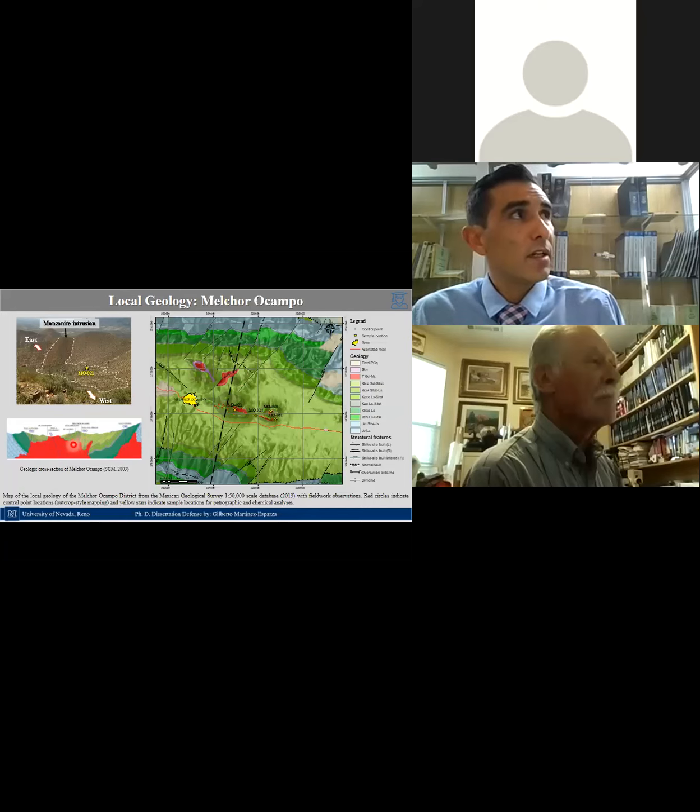And even during the field season, we were just mapping dike type outcrops. We are inferring there is a big igneous mass beneath the surface. Here, the characteristic hydrothermal alteration is phyllic, and in some grades calc-silicate alteration as well.